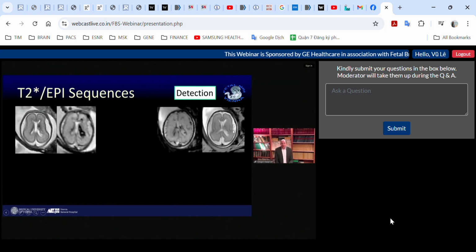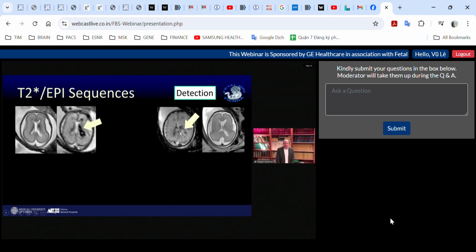Well, with EPI, it's a little bit clearer, at least here. You clearly see that there are blood breakdown products here. This is the susceptibility sequence. You also see the blood here, and even here a little bit. So really, this is very sensitive. On this side, you may think that there is some ependymal lining here which is dark and also blood, but it's hot.